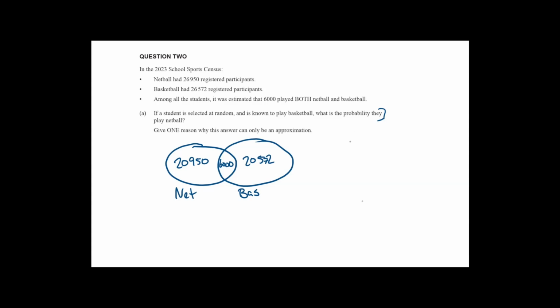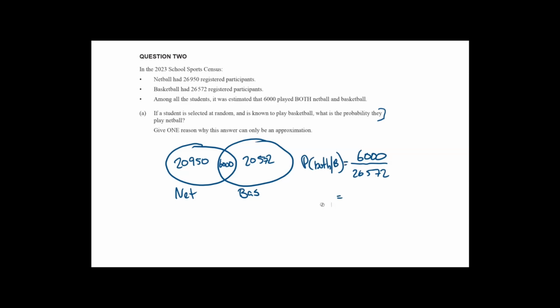So then, given basketball, it's going to be out of that 26,572. How many play netball as well? So 6,000 play both, given basketball as this.